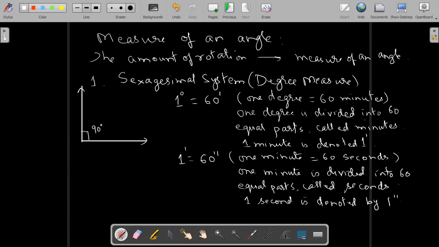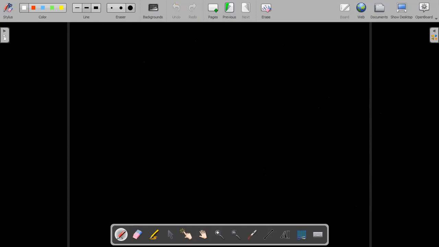That is the circular system. This is the first system. Now the second system is the circular system, or radian system, also called radian measure.